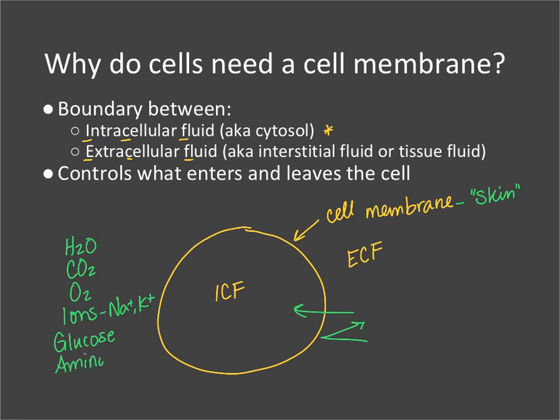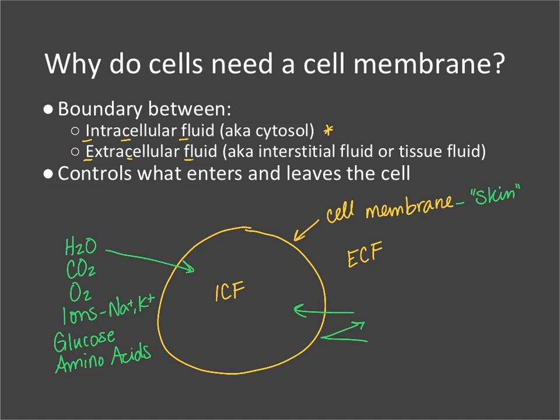These are all things that, depending on the cell, may need to be able to get across the cell membrane. And we'll talk about how the cell membrane of some cells allows some stuff in, but the cell membrane of other cells might not allow the same stuff in. So we'll get there.